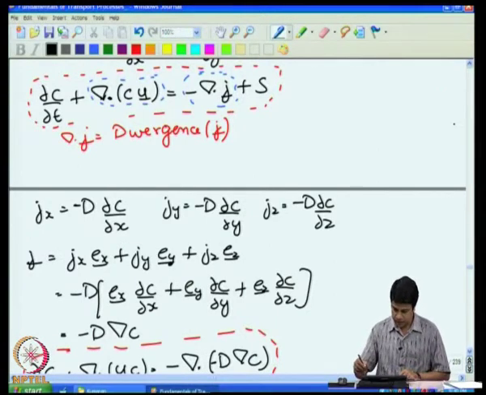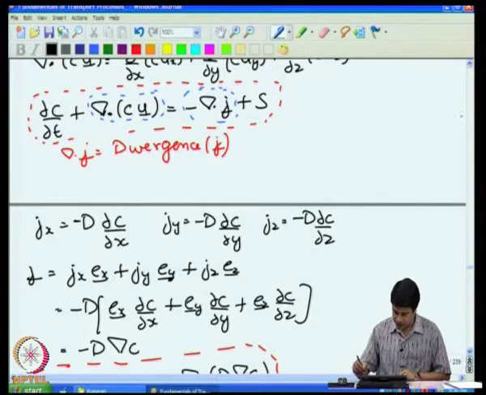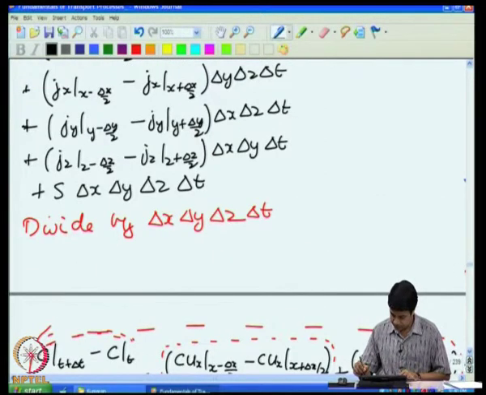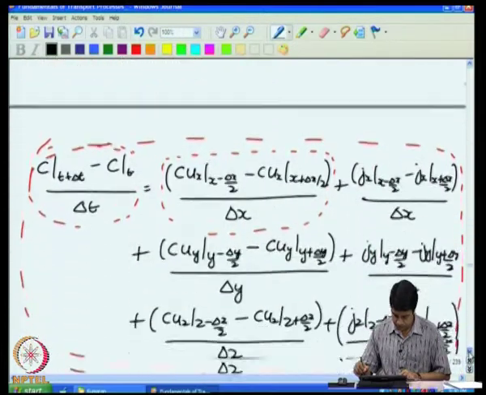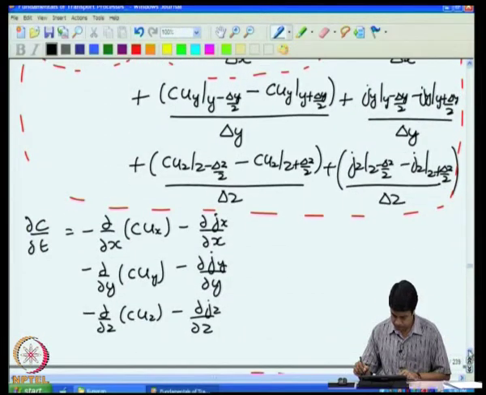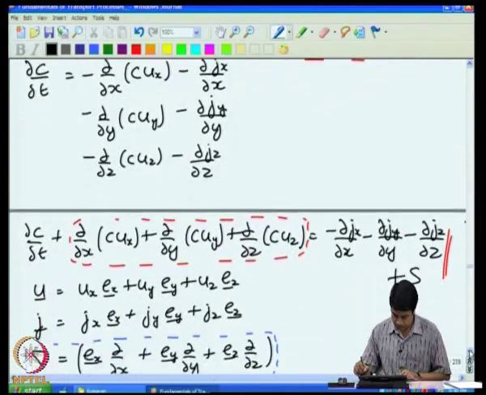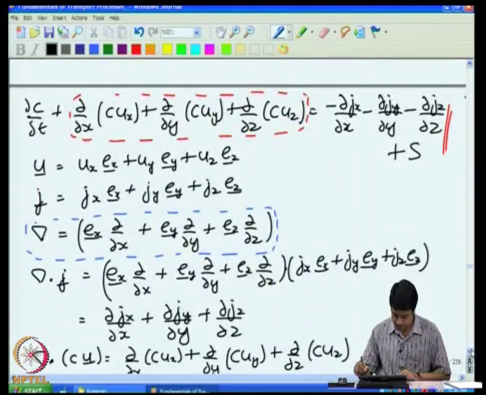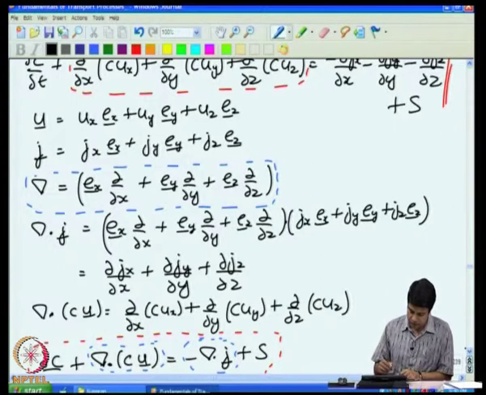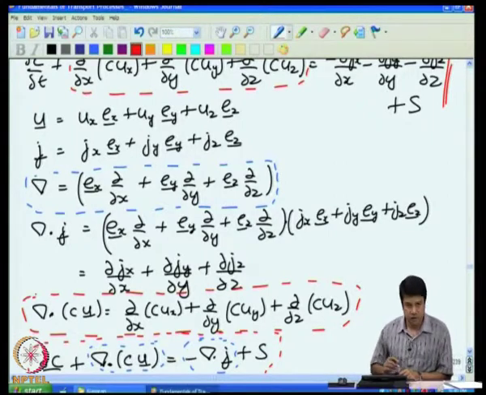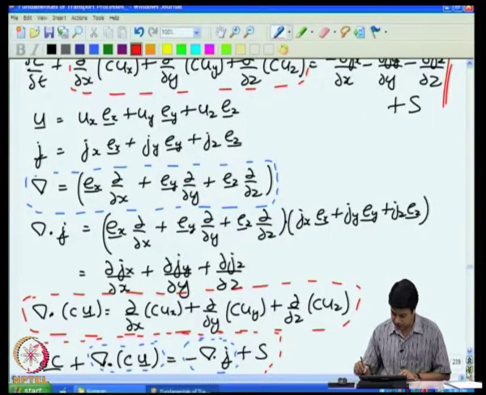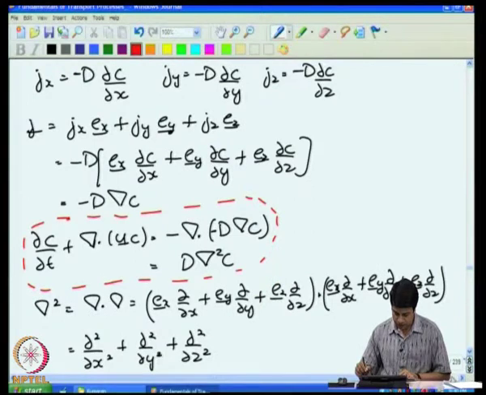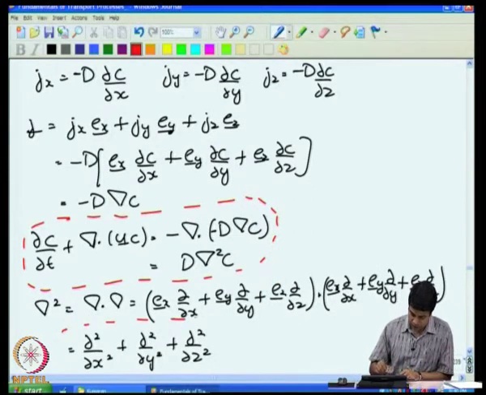And we got this form for the divergence operator and the Laplacian. So, divergence of concentration times velocity was given by this particular expression in a Cartesian coordinate system, and the Laplacian operator was given by this.